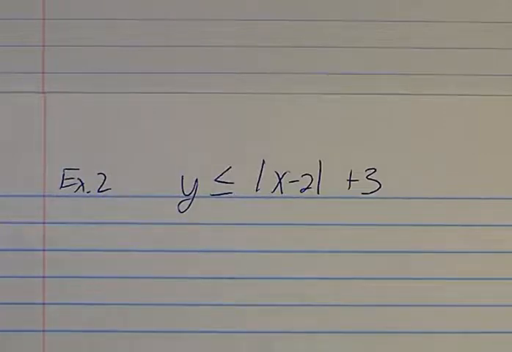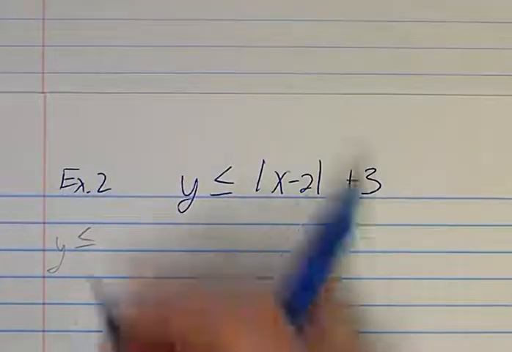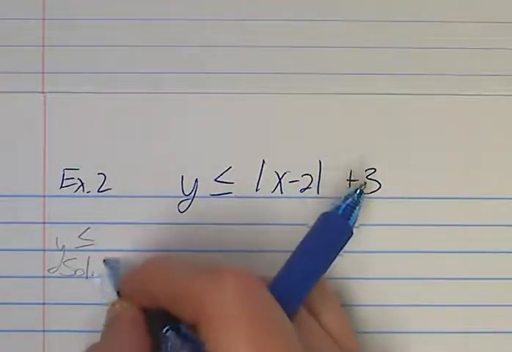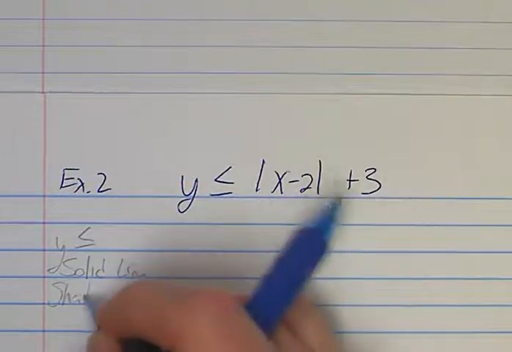Alright, and again, 2 things you can get from this one right off the bat. It's y less than or equal to, which means this is a solid line. And it's y less than, so you're going to shade down.